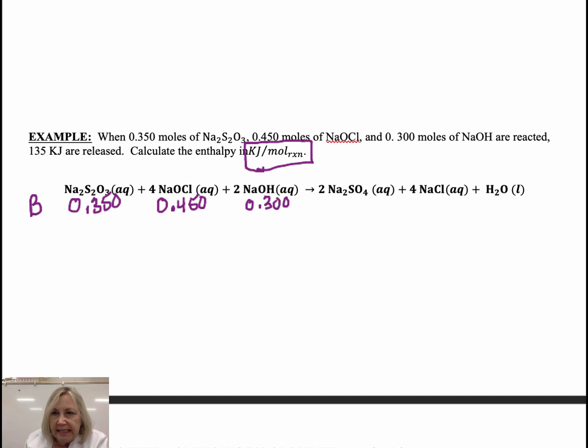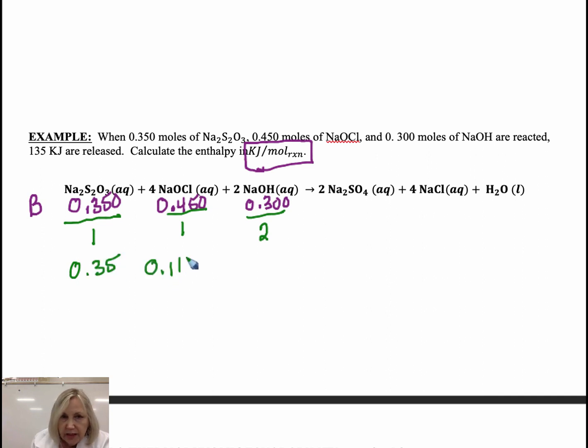So the first step is to find my limiting reactant. A quick way to do that is to divide what you have by what you need. Okay, and if I do that, I get obviously 0.35, 0.1125, and 0.15.